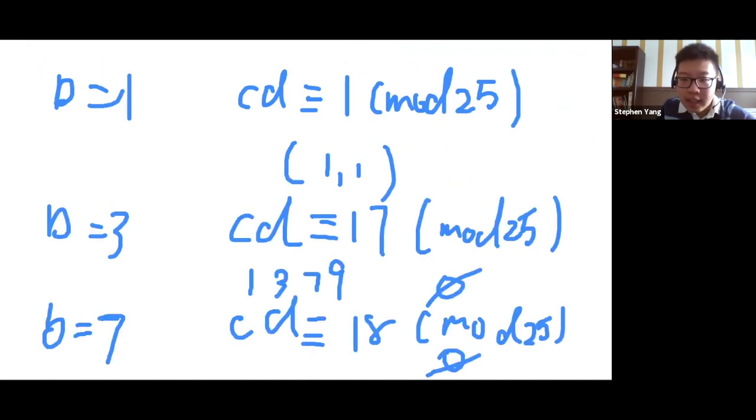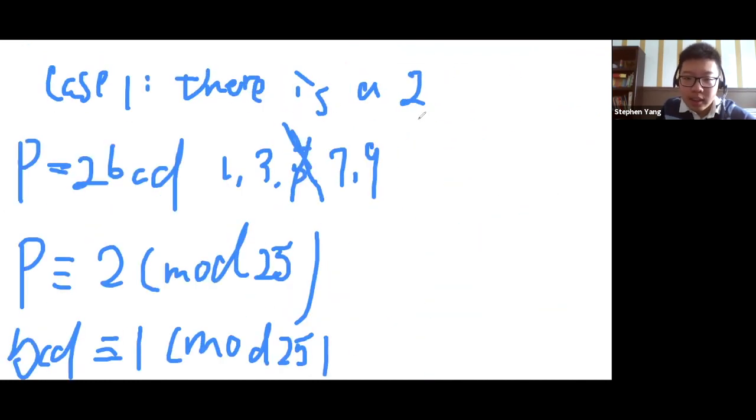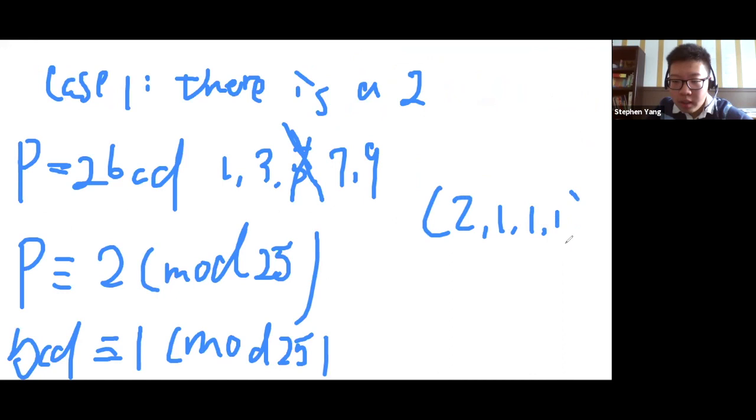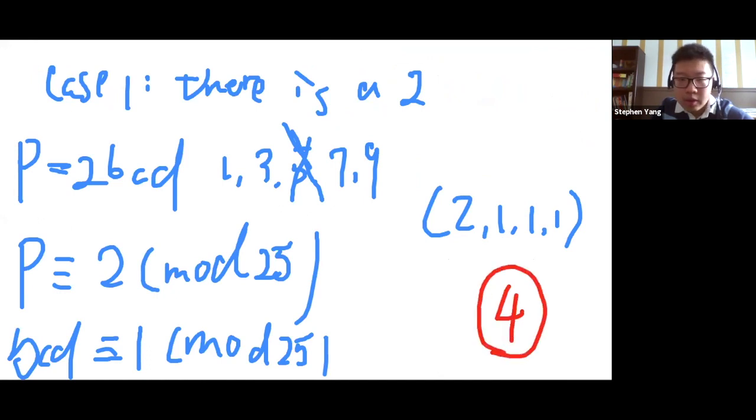So in this case, when there is a 2, we get 2, 1, 1, 1. And since this is an ordered quadruple, there are 4 solutions in this case.